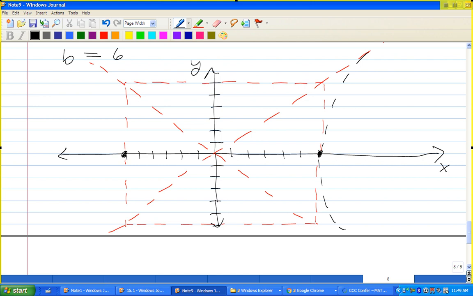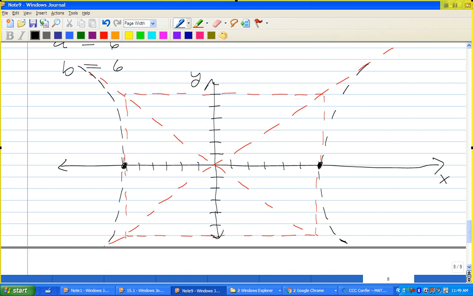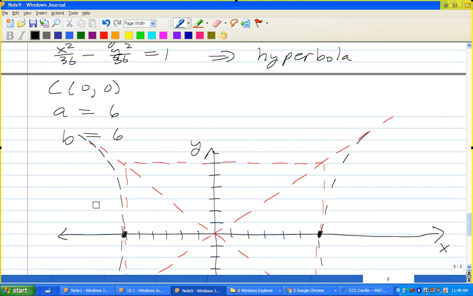Let's do that to the other side, as best I can. Okay. And now let's check where this is true. If it's true inside of the hyperbola, if it's true on the outside of the hyperbola.